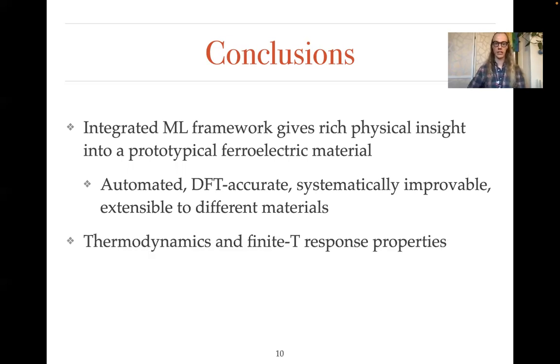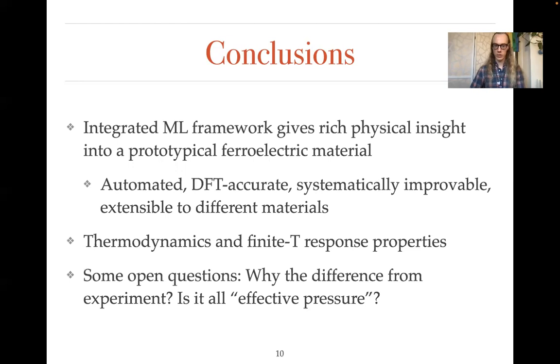With the framework we can compute thermodynamic and finite temperature response properties, not yet with experimental quantitative accuracy, but it does give us the mechanisms to investigate these discrepancies and find out why they're happening in the first place, right? And we've discovered one of the possible culprits is this effective pressure coming from the DFT underestimation of the lattice parameter.